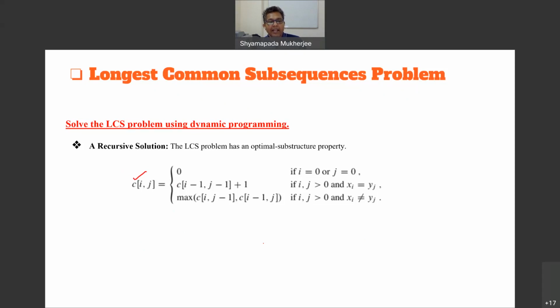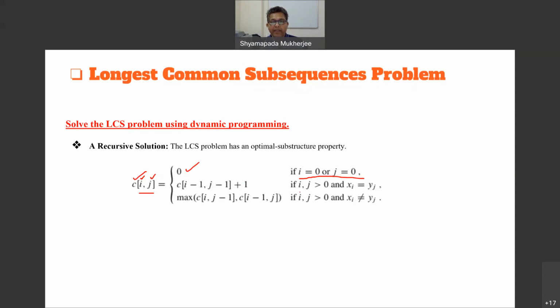It denotes the cost for any two sequences, Xi and Yj. So if the length of one of them, Xi or Yj, is 0, meaning one of the input sequences has length 0, then there will be no longest common subsequence.